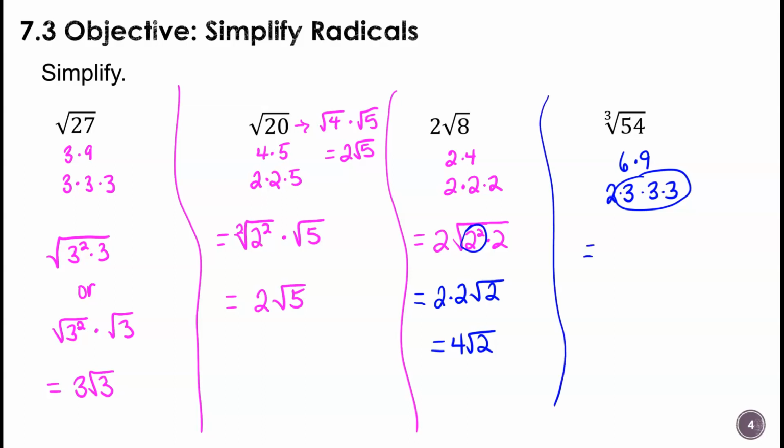So this will be the cube root of 3 cubed times 2. The part that comes out is going to be the 3, because I have a power that matches my index. Or you could take the power of 3 divided by 3, which is 1. So this will be 3 times the cube root of 2. Be careful with where you put your index so that you can tell it's your index and it doesn't look like an exponent. It can be confusing sometimes if you write this incorrectly. All right, so that one's simplified.